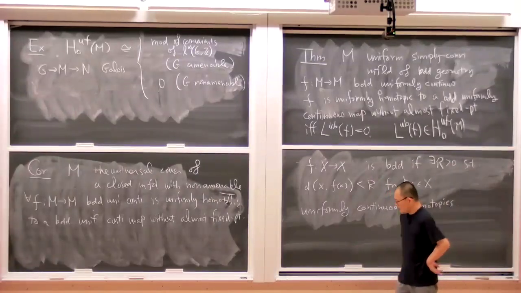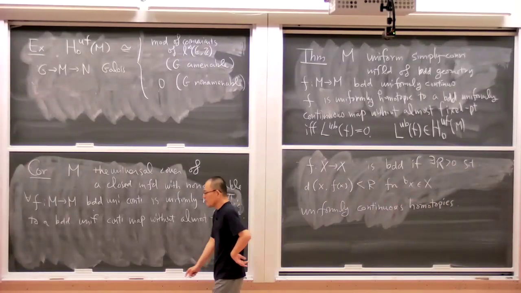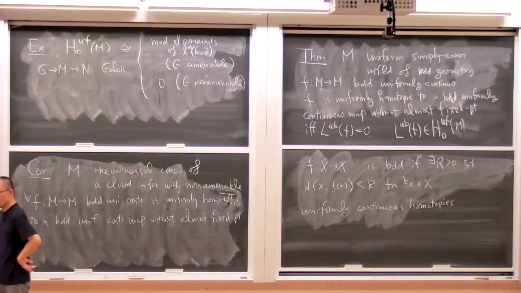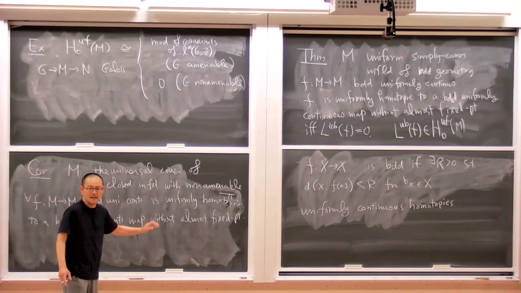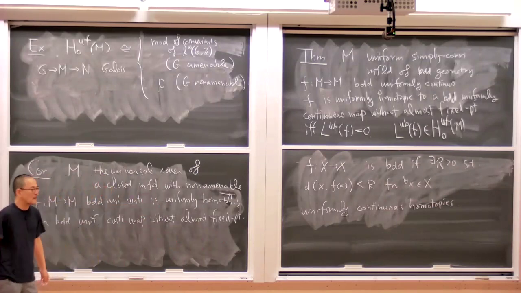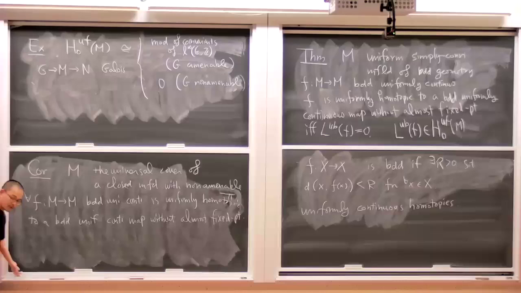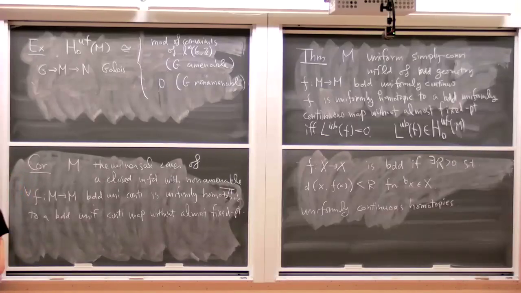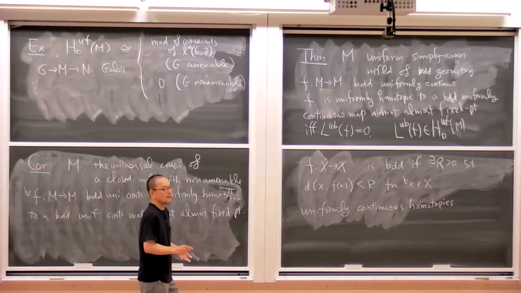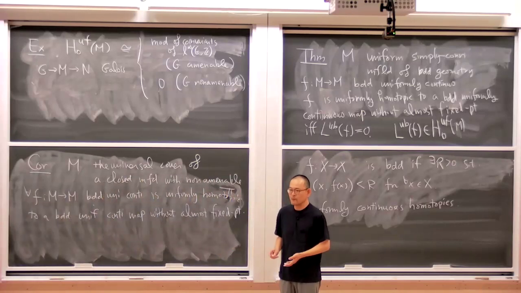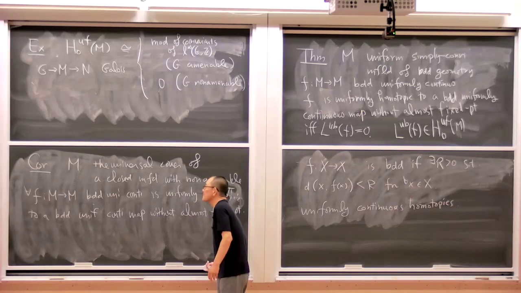A naive choice of cohomology for a non-compact manifold should be bounded cohomology, but it's too rigid to control uniform homotopy, so it's not good. So we need to introduce a new cohomology which behaves well with respect to uniform homotopy.